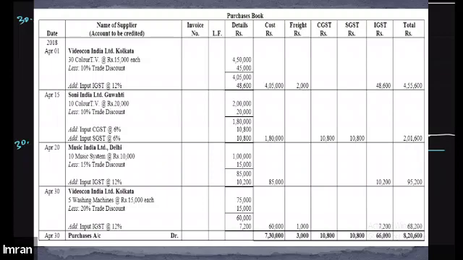The cost of the goods that we have bought has been shown in a different column. Freight charges that we have paid have been shown under a different column. CGST, SGST, or IGST will be shown under a different column, and then there is a total column for the total amount as well. What we did, we just made the column of the details and the total column. We just skipped all these other columns. You can present your answer in this way also.